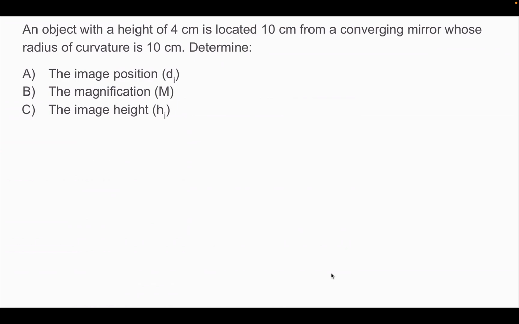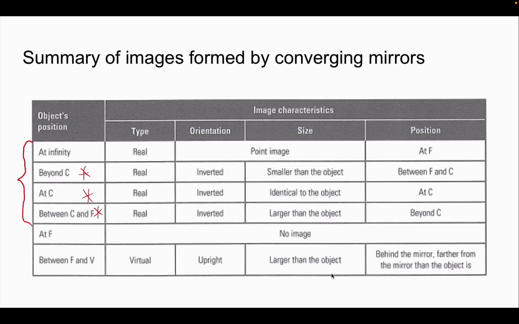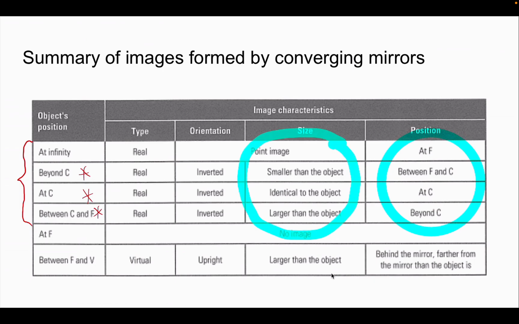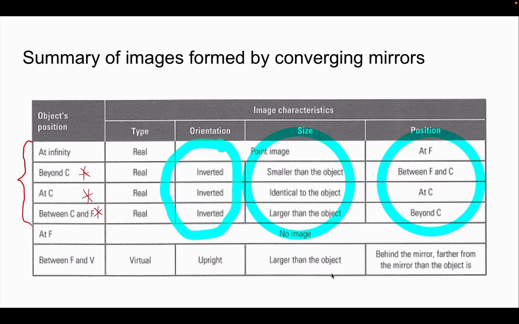Then what I want you to do is go back and look at this table. Look at this table and see, are you actually really finding these things, right? Are they actually smaller, bigger, whatever? Are they inverted and upright?